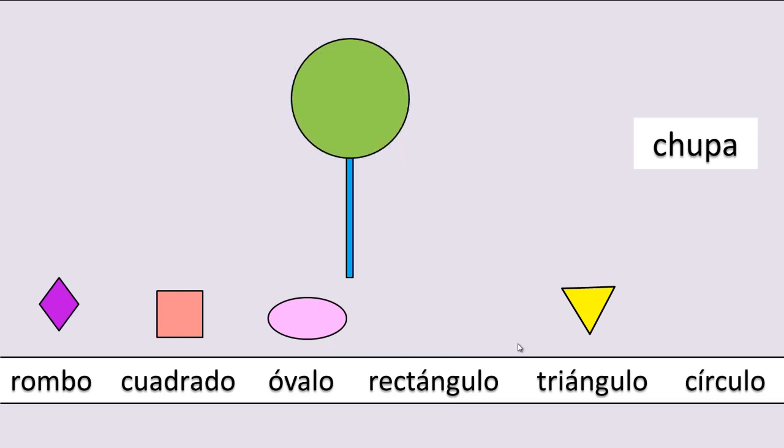So then they took el triángulo and they put it right there en la chupa, en el círculo. They took un cuadrado más pequeño and put it en el círculo.